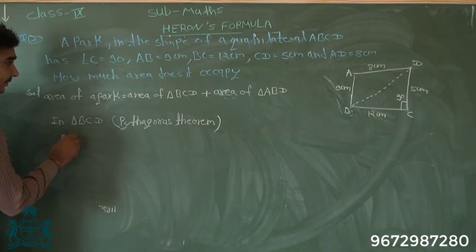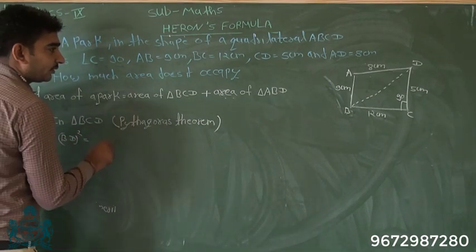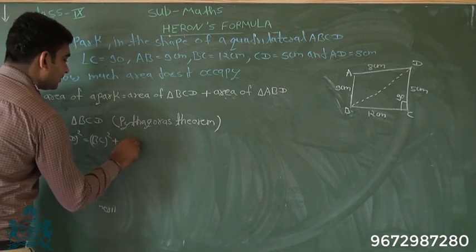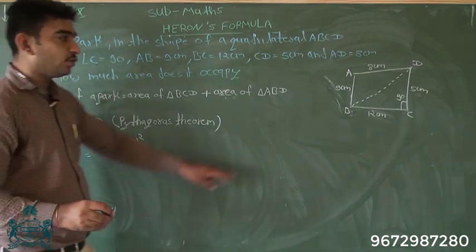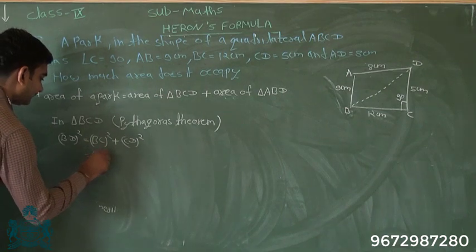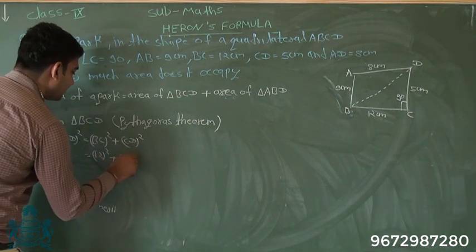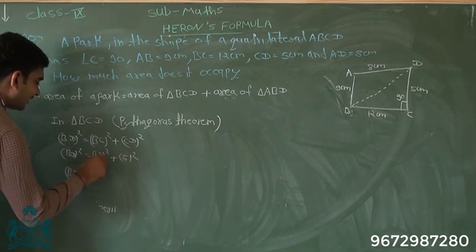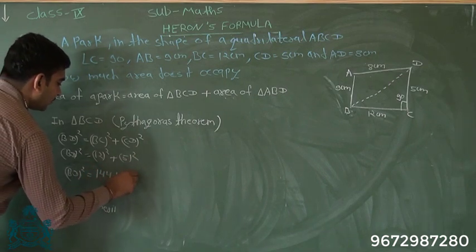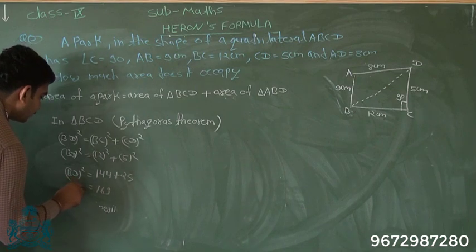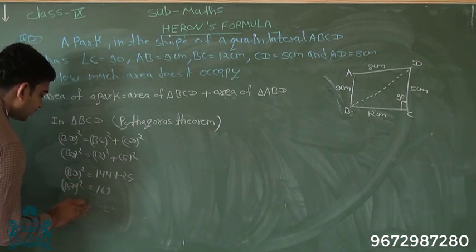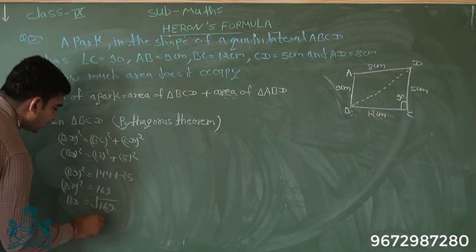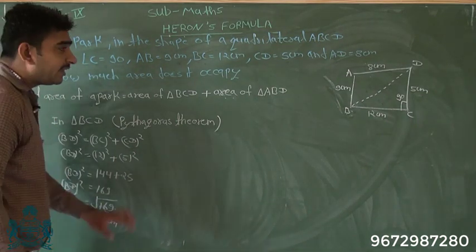BD square equals BC square plus CD square, where BC equals 12 centimeters and CD equals 5 centimeters. So BD square equals 12 square, 144, plus 5 square, 25, which is 169. BD equals the square root of 169, which equals 13 centimeters.